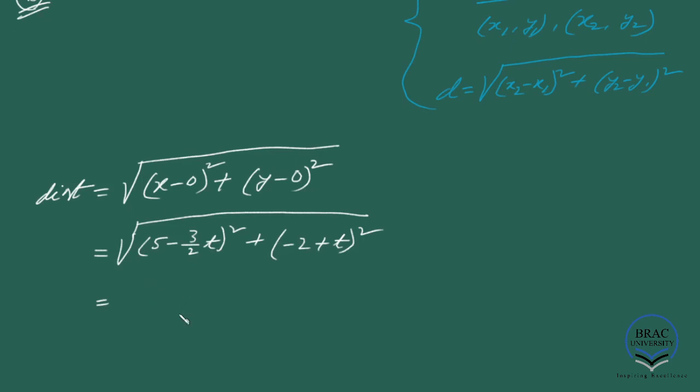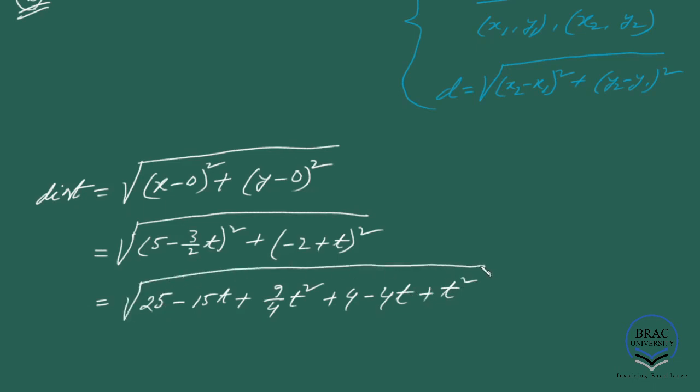Okay, so I can clearly see a minus b whole squared formula. I'm going to apply that formula for this part and also this part. After applying the formula, this is what I get: 25 minus 15t plus 9 over 4 t squared plus 4 minus 4t plus t squared, whole thing under the square root.